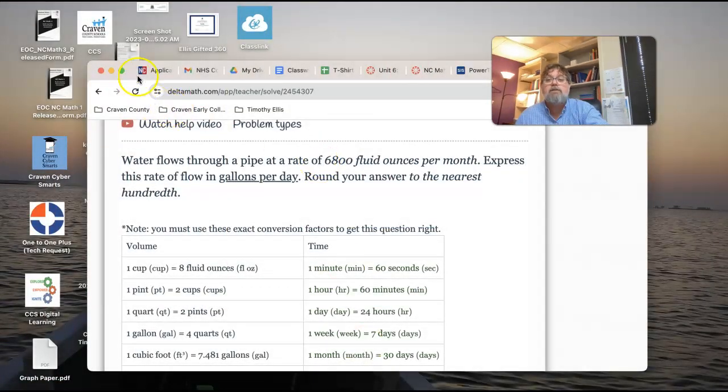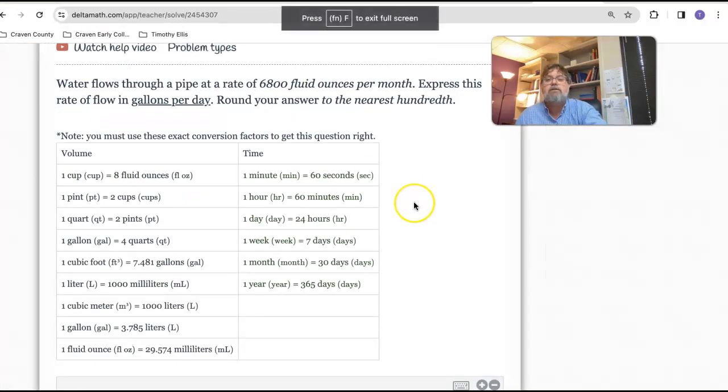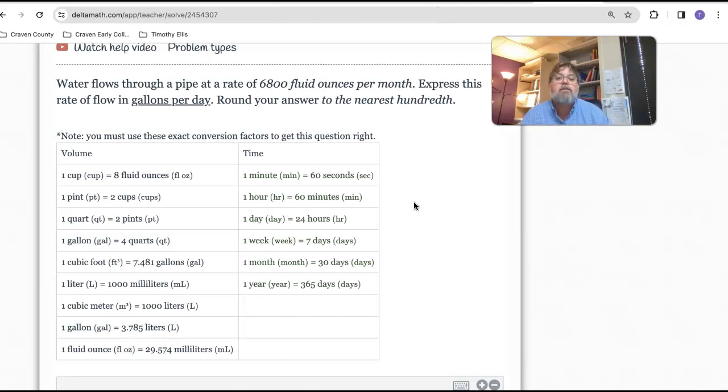All right, so this is the one I've picked for us to do. It's flow rate. We have water flowing through a pipe at 6,800 fluid ounces per month. We're asked to express this in gallons per day. The table is really simple, and they've got a nice layout for me here.